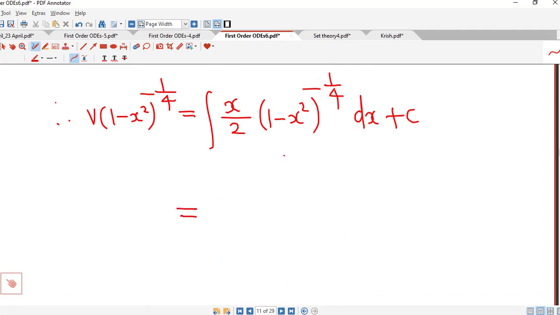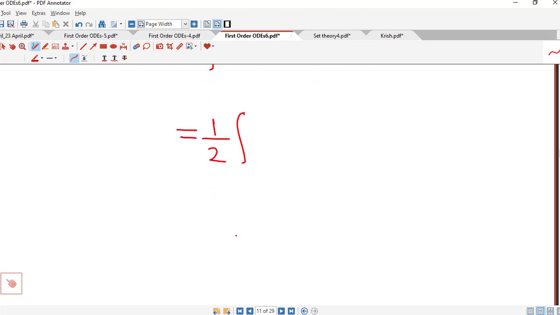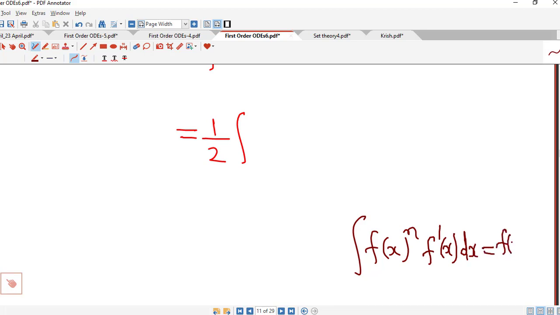Now here also we have to set the formula for integral, and we can try that formula. Integral of nth power of f(x) times its derivative is equal to n plus 1th power of f(x) over n plus 1, if n is different from minus 1. So we can set this formula here.